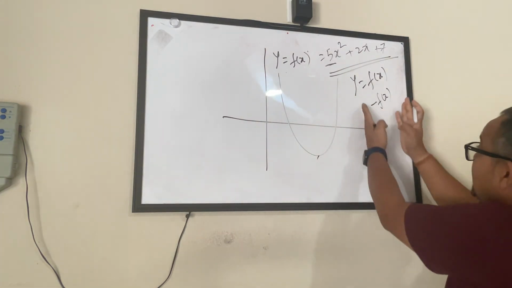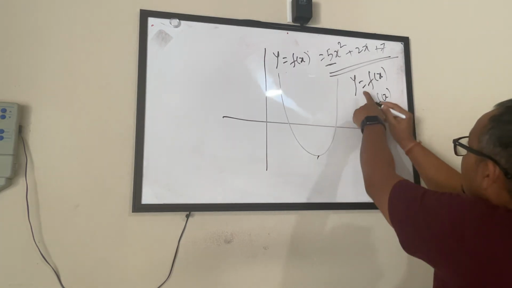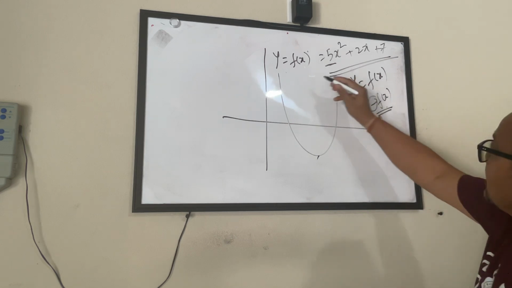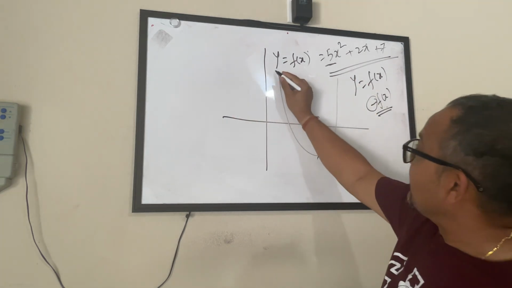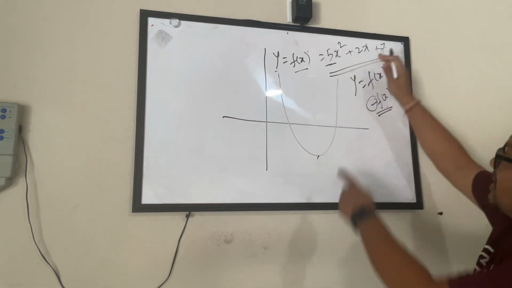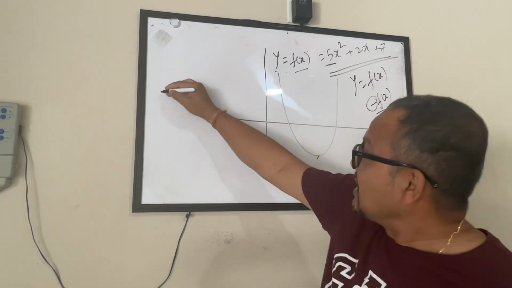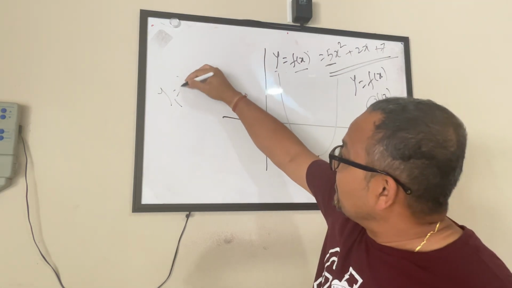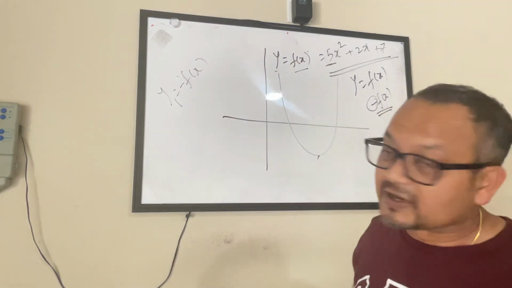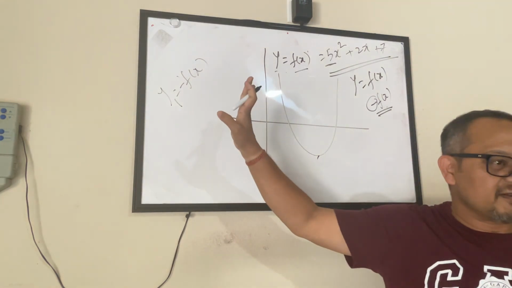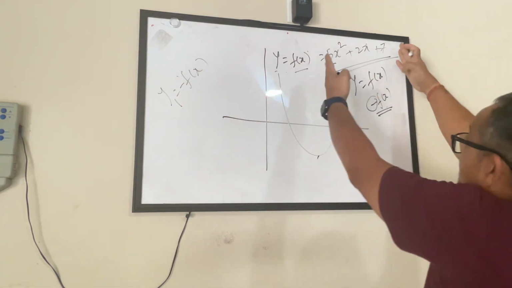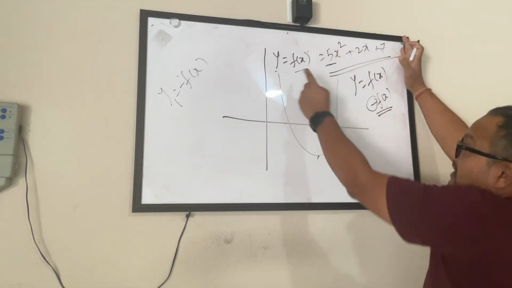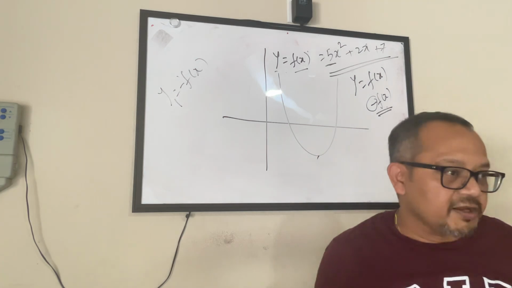Meaning, let's say I have y equal to f(x) as this much. If I say another function, let's say y1, which is the negative of this function, what does it mean? Meaning for whatever value of x you get y, I am getting a negative value of y.